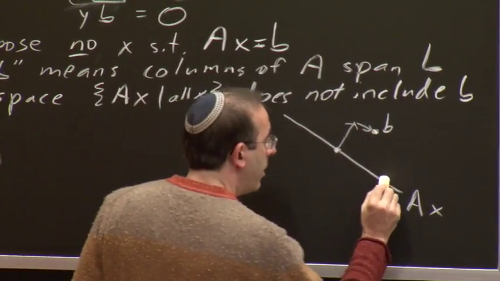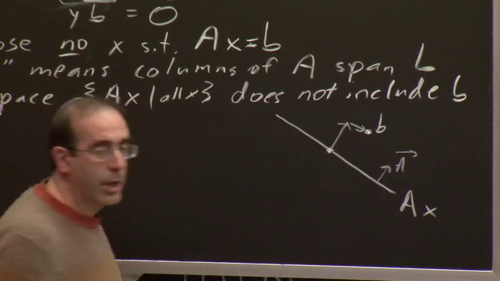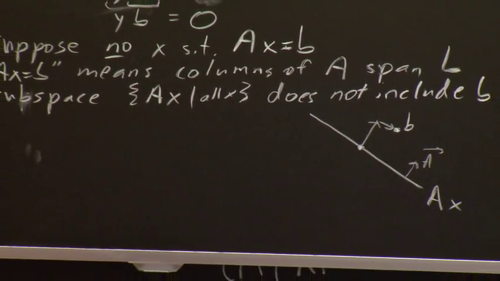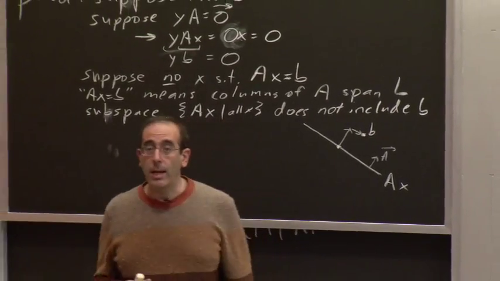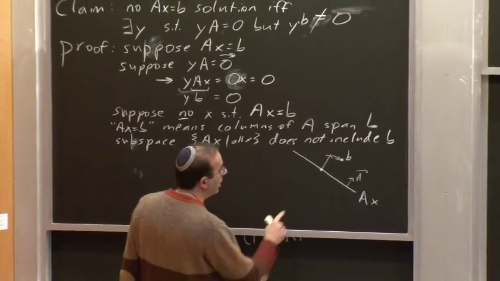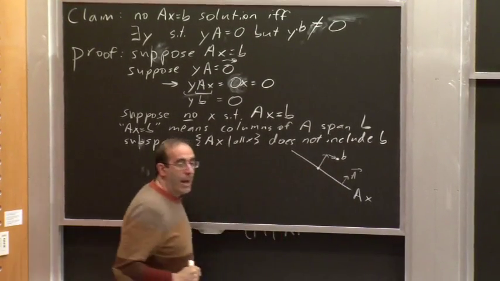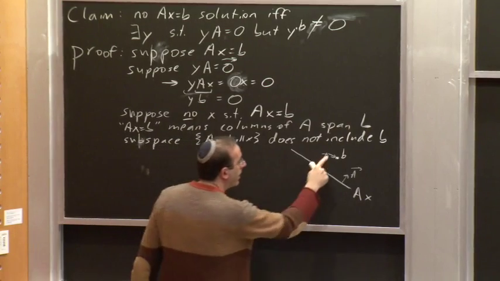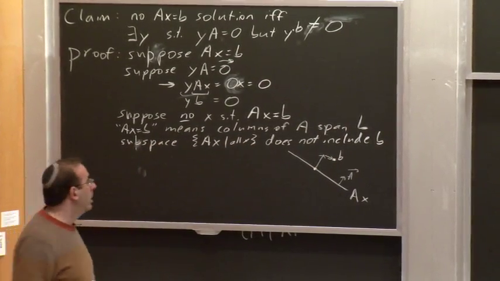The thing to notice is that the columns of A are the things that are perpendicular to the set of points Ax equals 0. That's the definition of the subspace. So if I decompose b into something that is parallel to the columns of A and something that is perpendicular to the columns of A, right?